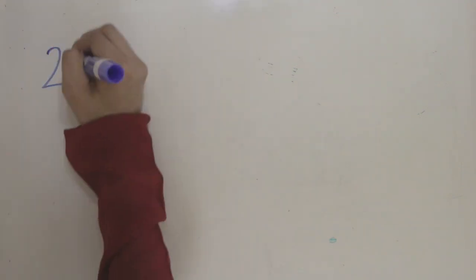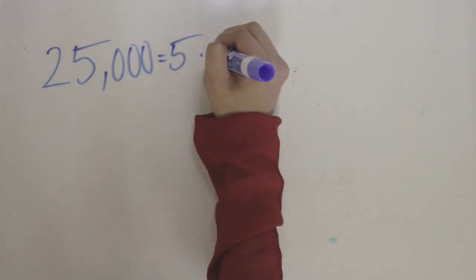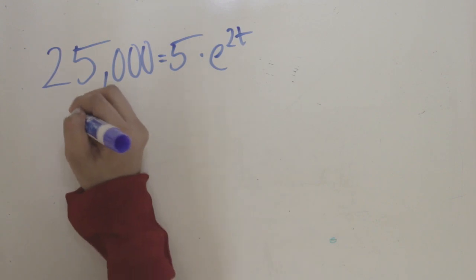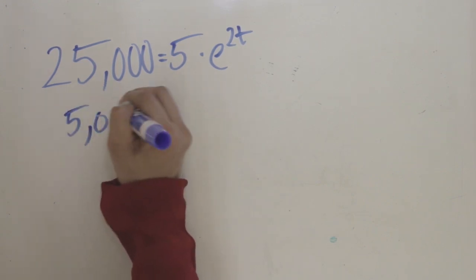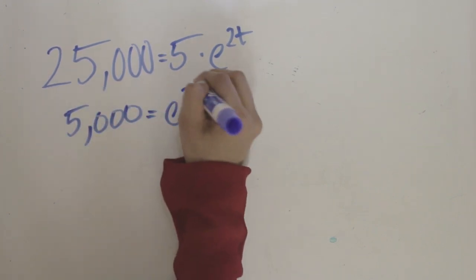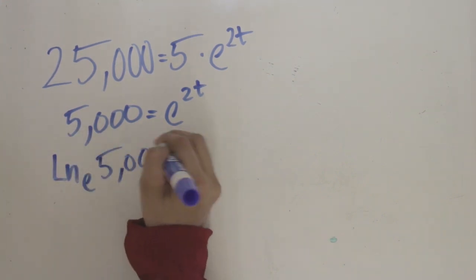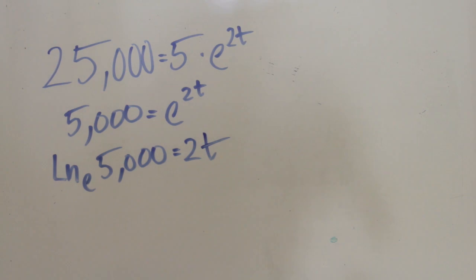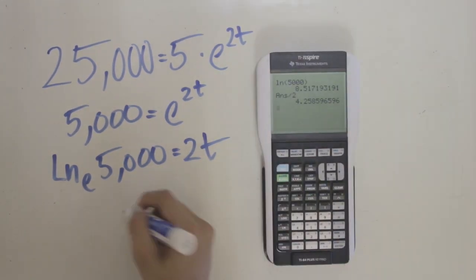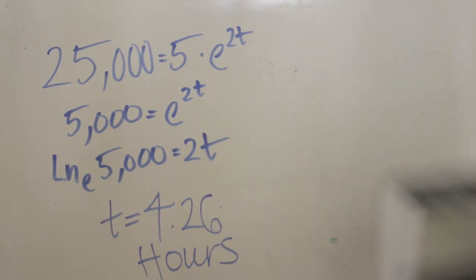So 25,000 equals 5 times e to the 2t. Then we divide both sides by 5, so you get 5,000 equals e to the power of 2t. Then you write it in natural log notation: natural log 5,000, and the base is e, equals 2t. Then you plug it into your calculator, and you get t is about 4.26 hours.